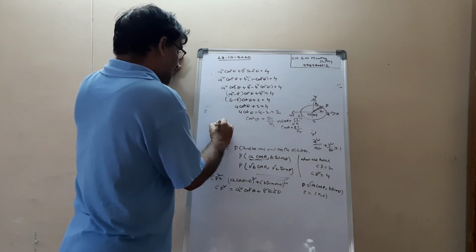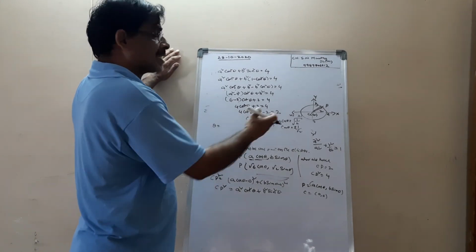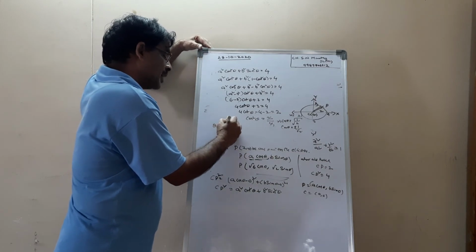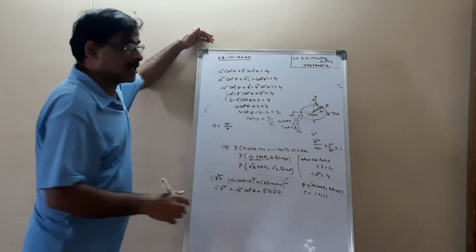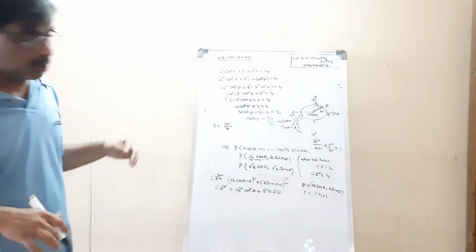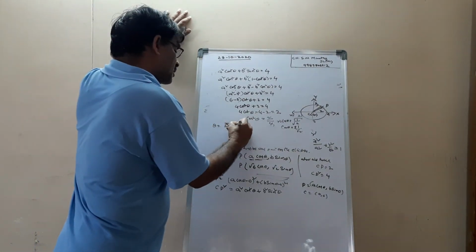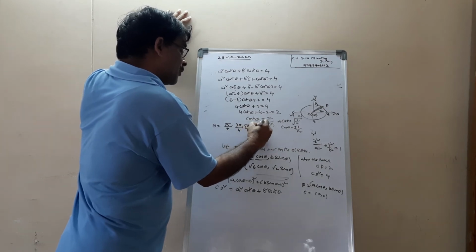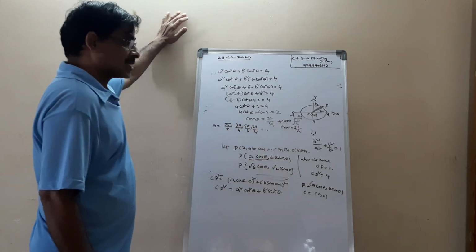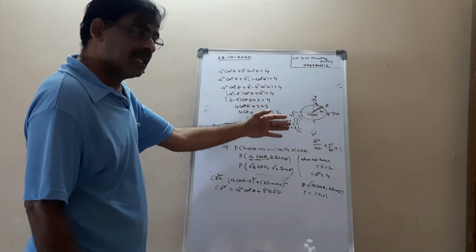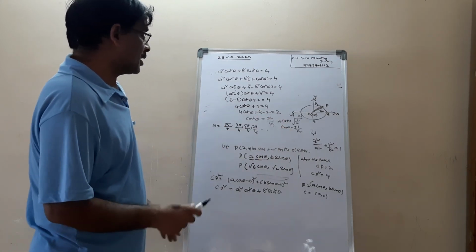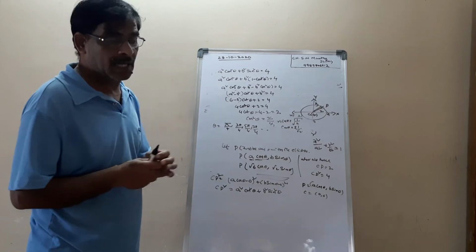So what are the angles that satisfy these values? You know cos 45 equals 1 by root 2, and also 3 pi by 4, 5 pi by 4, or 7 pi by 4. These are the values that satisfy this equation. So the eccentric angles are pi by 4, 3 pi by 4, 5 pi by 4, 7 pi by 4.